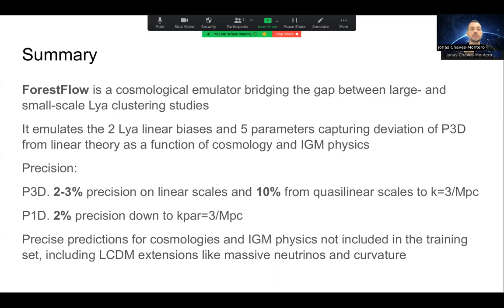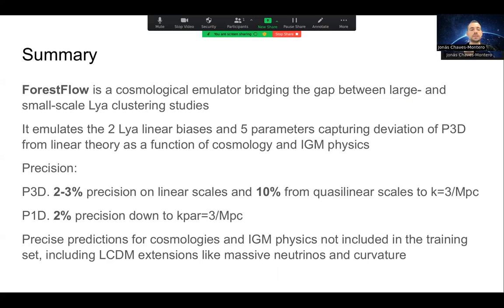And it makes this prediction as a function of cosmology and IGM physics. The precision of the model is from 2 to 3% on linear scales for the three-dimensional power spectrum, and around 10% from quasi-linear to nonlinear scales, and for the one-dimensional power spectrum it is around 1 to 2% across the full range of scales of interest for DESI.